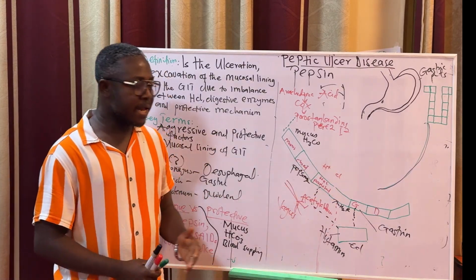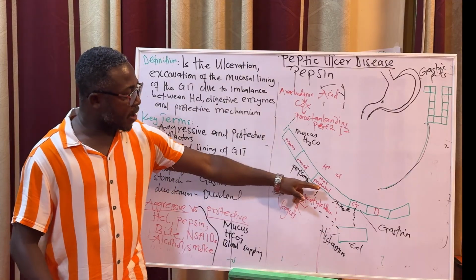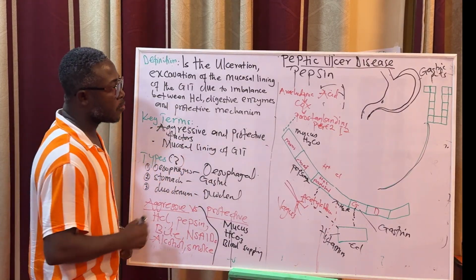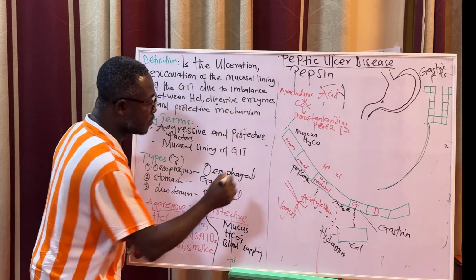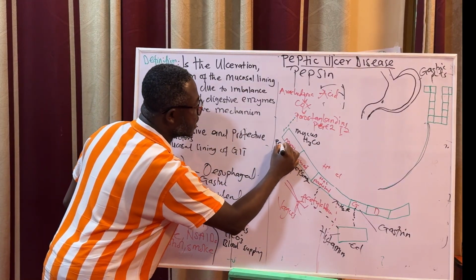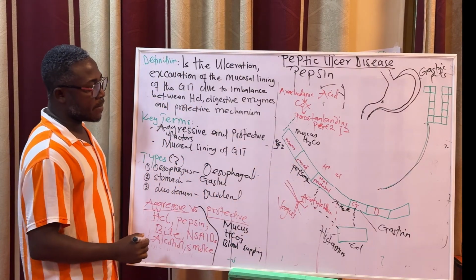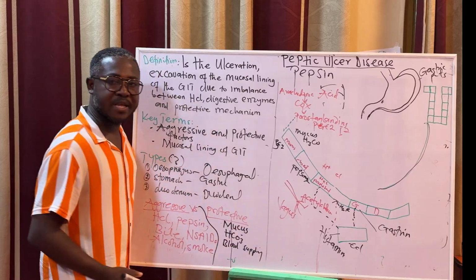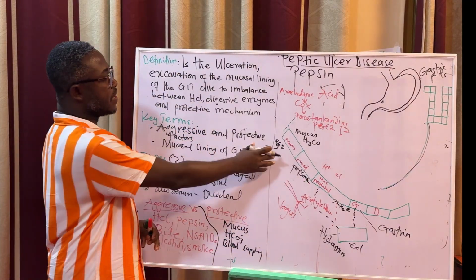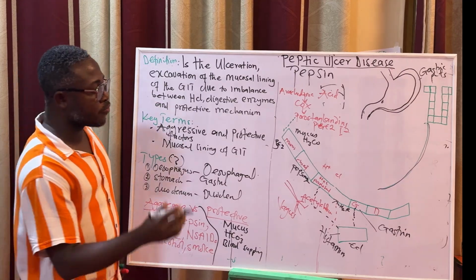Then, another way in which the prostaglandin also helps in protecting the mucosal lining is by inhibiting the parietal cells from producing more hydrochloric acid. So the prostaglandin PGE2 here will come and bind to the parietal cells. On the parietal cells, we have certain receptors mainly for the prostaglandin, the muscarinic receptors.